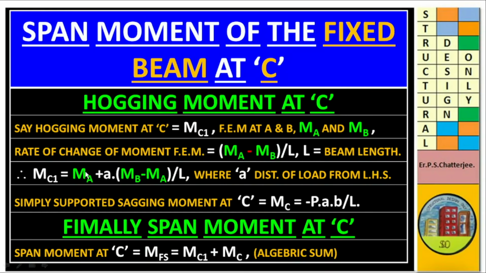MC1 = MA + A(MB - MA)/L, where A is the distance of the load from the left-hand side. Sagging moment at C is MC = P A B/L. Finally, span moment MS is MC1 + MC, the algebraic sum.